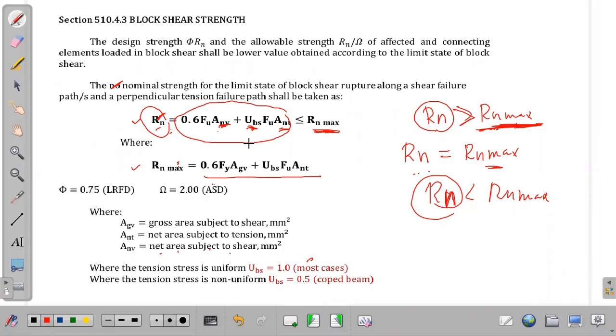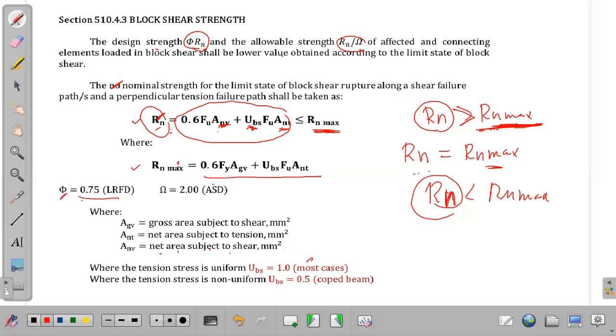So the design strength, yung phi Rn, that is for the LRFD, and for the allowable, the Rn over omega. That is the design strength phi Rn and the allowable strength Rn over omega. So we have now the code factor.